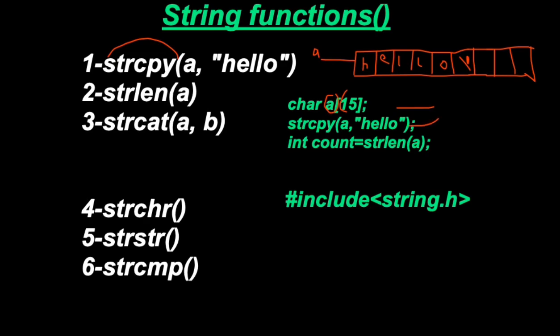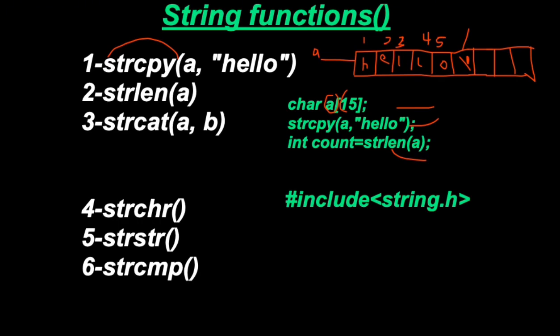Then if you want to count, this function is going to come here, then it's going to count, and this is how it counts: 4, 5, 5. Once it gets to this place, this means string terminator, so it's going to stop counting.